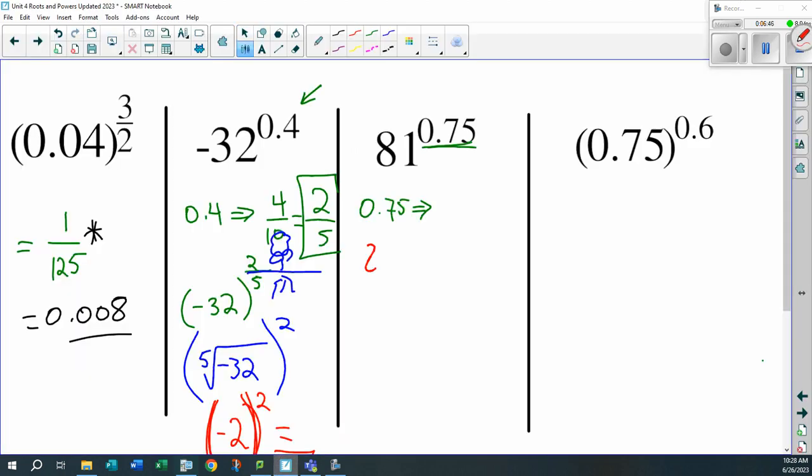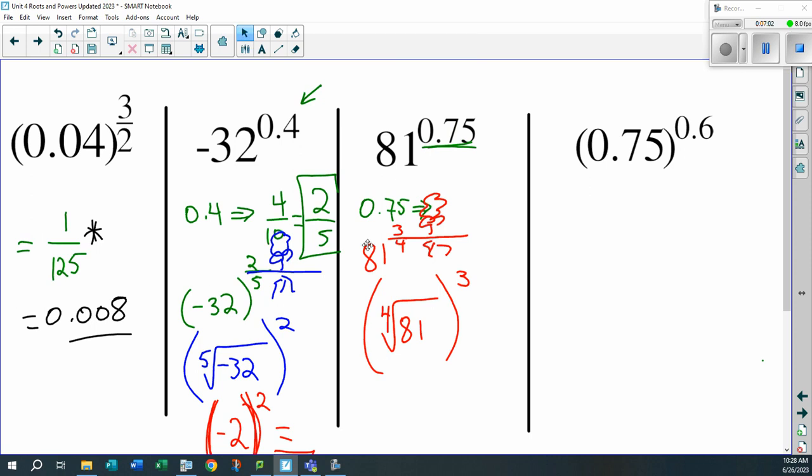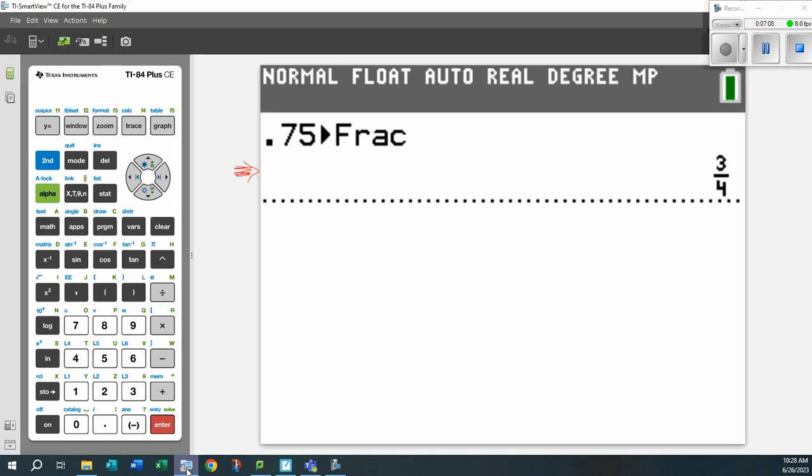So this is 81 to the 3/4. Okay? Which means, again, look, there's the flour, there's the root. 4th root of 81 all cubed. Okay, so what is the 4th root of 81? And again, some people can do this in their head, some people can't. I just kind of throw it in my calculator. What's the 4th root?